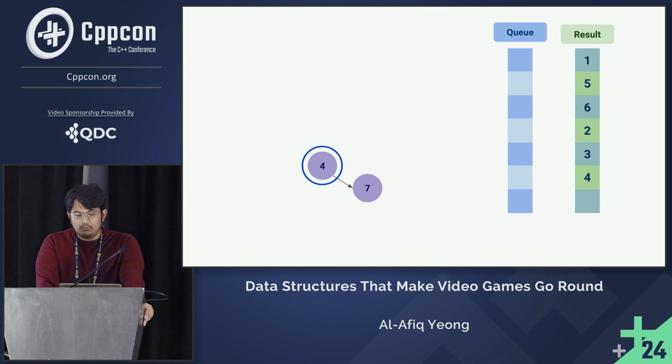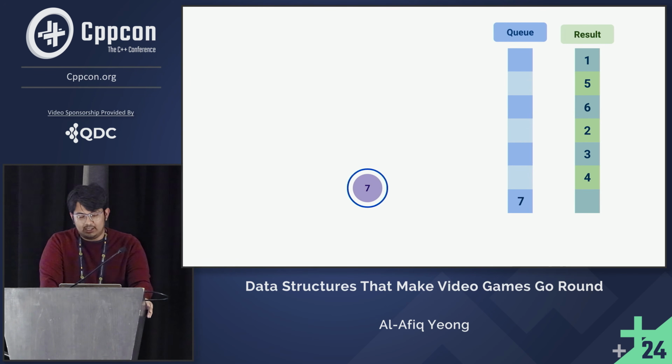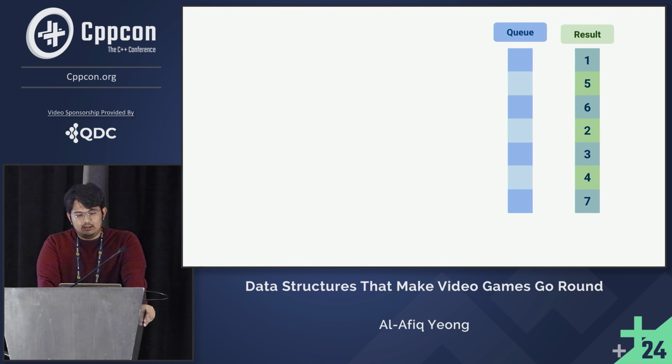Pop 4 out of the queue, add it into the result buffer, iterate through the graph, basically repeating all of the previous steps. Remove any incoming edges from vertex number 4, right? Now that 7 no longer has any incoming edges, we add it into the queue. Goes through the next iteration. Pop 7 from the queue, add it into the result buffer, remove 7 from the graph, and that's basically it, right? We now have a list of sorted passes that we can execute over.